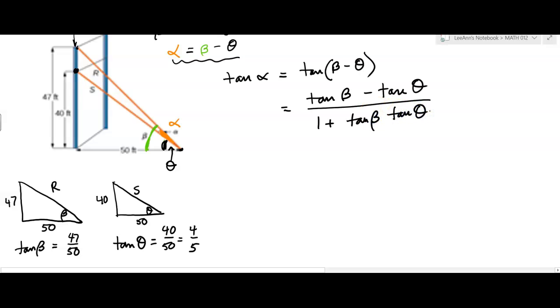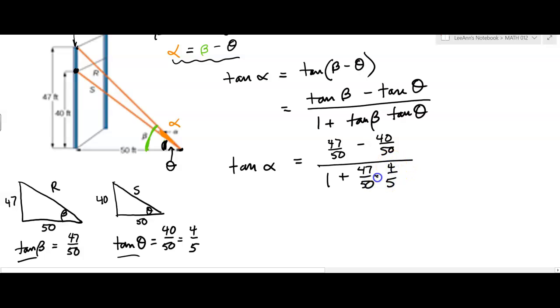We know the tangent of beta and the tangent of theta, so we can put those in. Tangent alpha is equal to 47 over 50 minus 40 over 50, over 1 plus 47 over 50 times 4 over 5, using the reduced fraction this time.